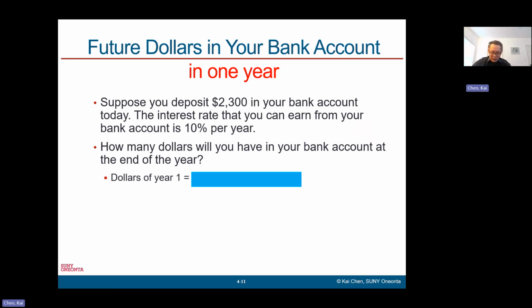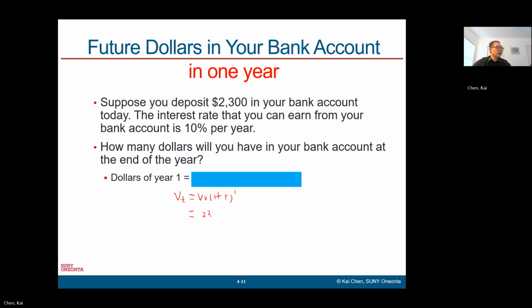If we use the formula, that is very simple. That is VT equals V0 times 1 plus R, raised to the power, because this is a single period holding, so the power is 1. Then in this case, what is V0?